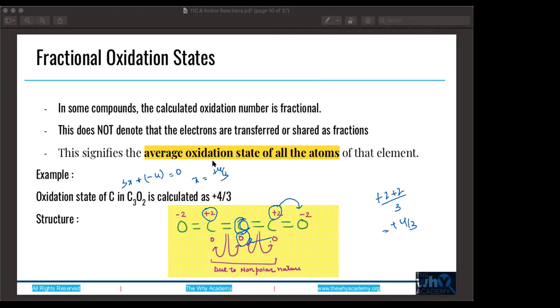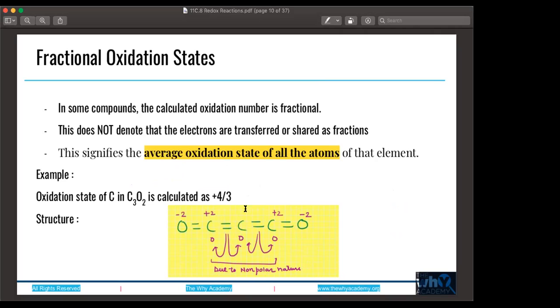So basically, the oxidation state that you calculate by the previous method is the average oxidation state. It gives you a hint into the structure also. If you get a fractional oxidation state, it means that this particular atom is bonded to another atom of the same element. That is why you're getting the fraction.